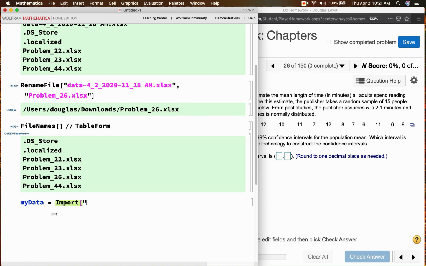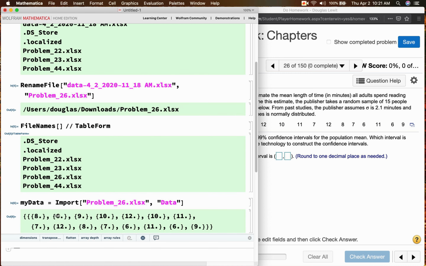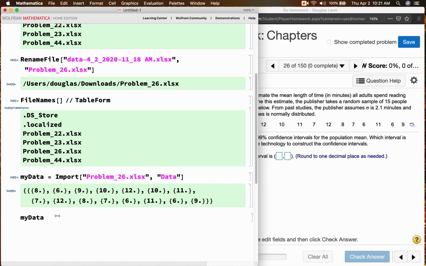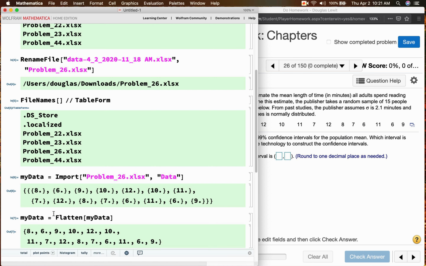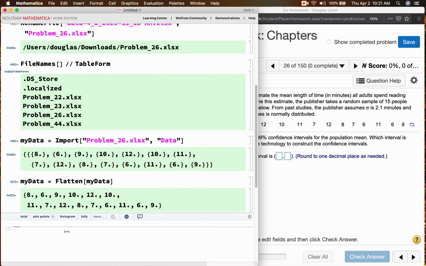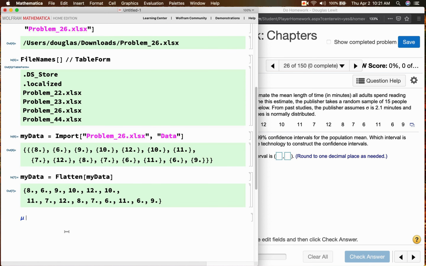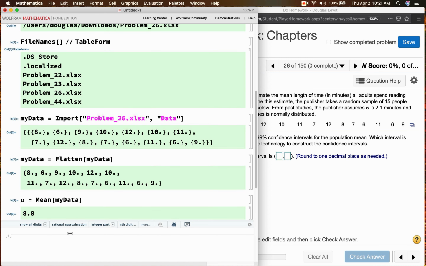Import problem 26.xlsx data, and then let's flatten that so that we have one list instead of nested lists. Okay, so now the mean of my data is going to be 8.8.